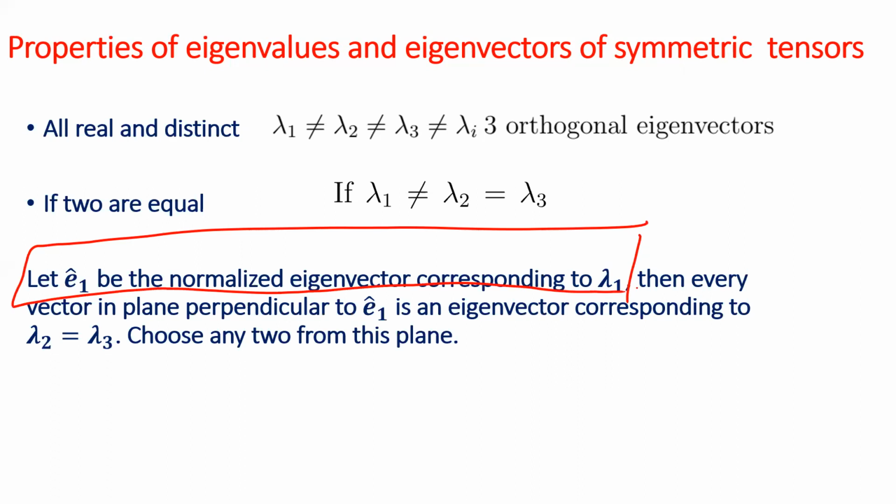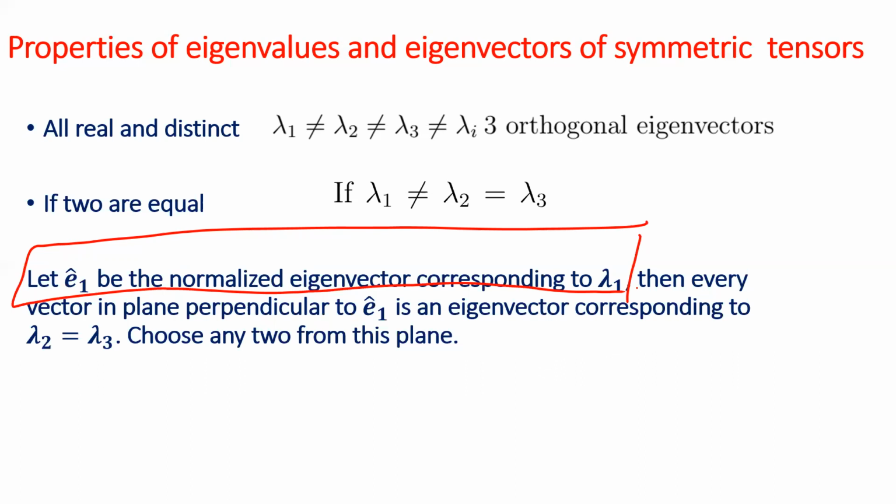Pick the non-repeating value, identify its corresponding eigenvector, and then you identify the plane which is perpendicular to the vector and choose any two vectors in that plane which are perpendicular to each other. Then the corresponding vectors can be treated as eigenvectors.